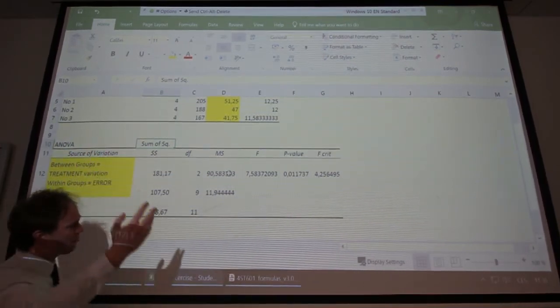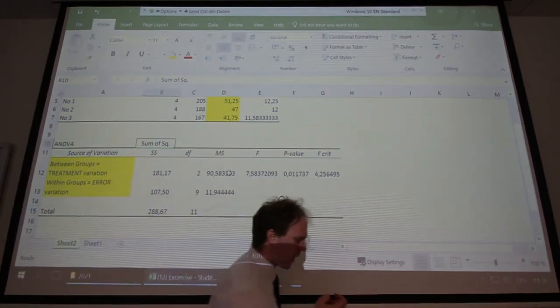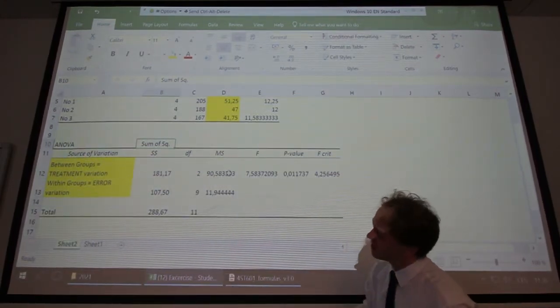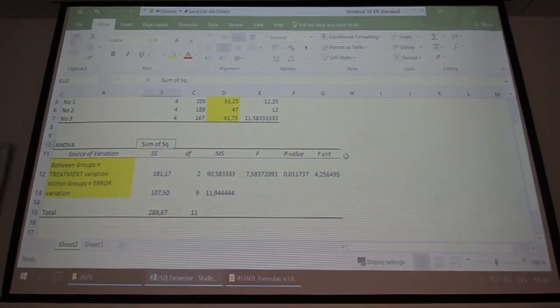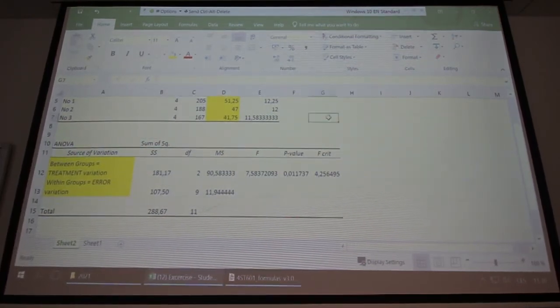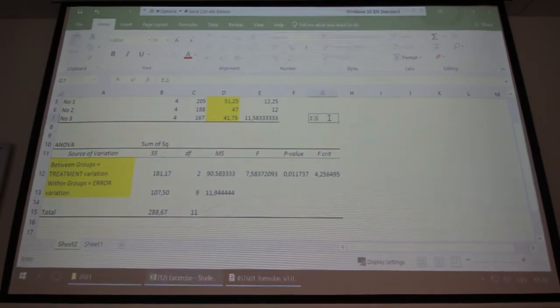We only calculated effect size, ES. I will calculate your effect size, for example here.